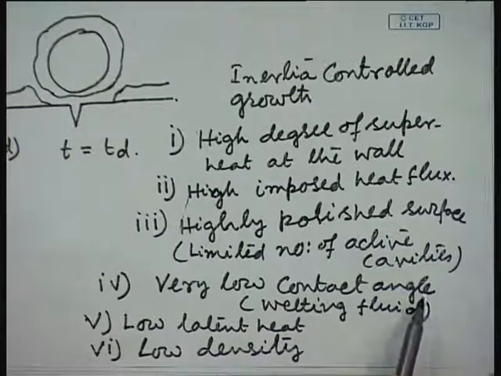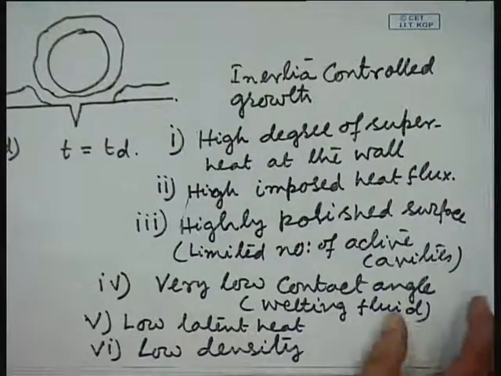Very low contact angle has the same implication, and the last two, low latent heat and low density, mean that vapor generation is much easier. So, vapor growth will be much faster.